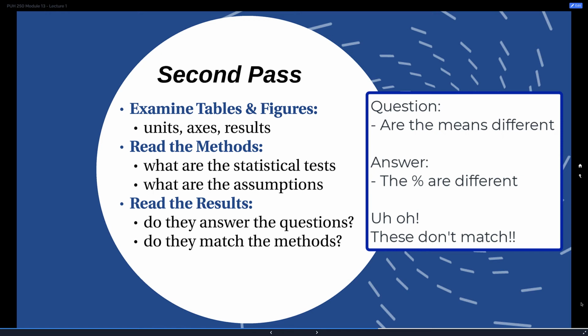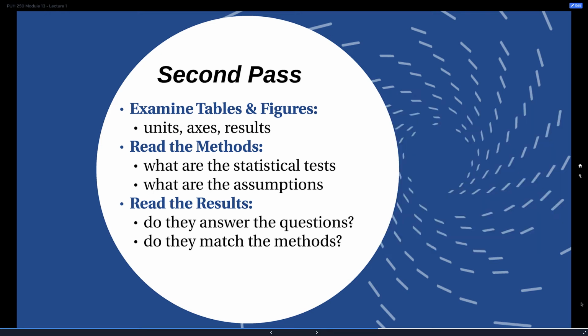So they have switched methods in the middle of the paper, and that's not okay. That's a major criticism if they don't address why they did that. So make sure that what they say they're going to do is actually what they do, and that when they answer the question, it matches the question they proposed at the beginning of the paper.